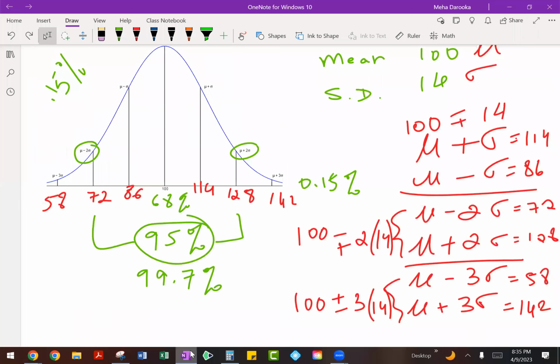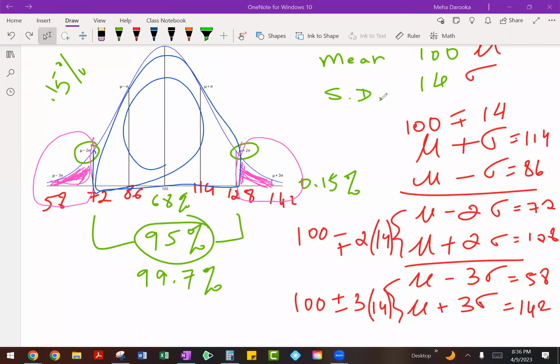So they're actually talking about people over here. So this is going to be less than 72, and this is going to be greater than 128. So it's going to be everybody who falls into this little section here, and everybody who falls into this little section here. So we just said in part A that everybody who falls between 72 and 128, which was this section of the bell curve, was 95%, right?